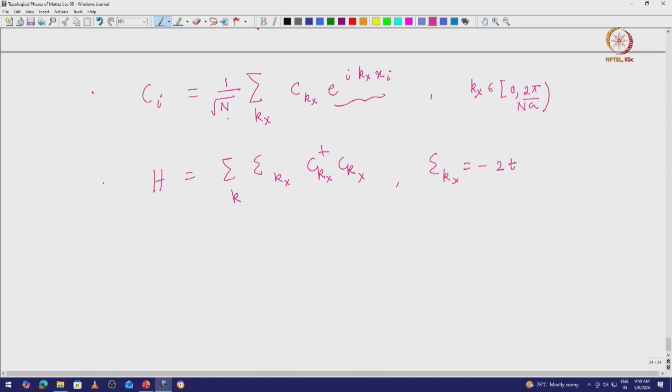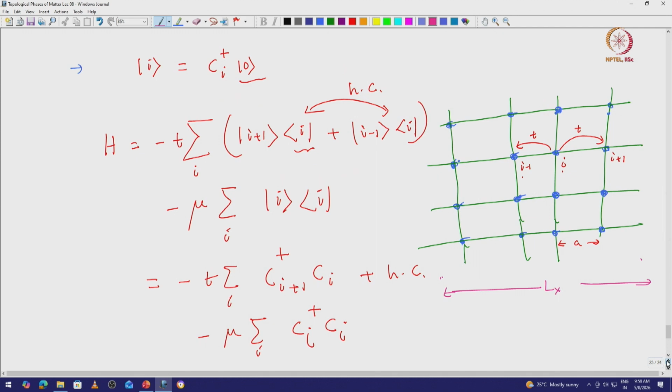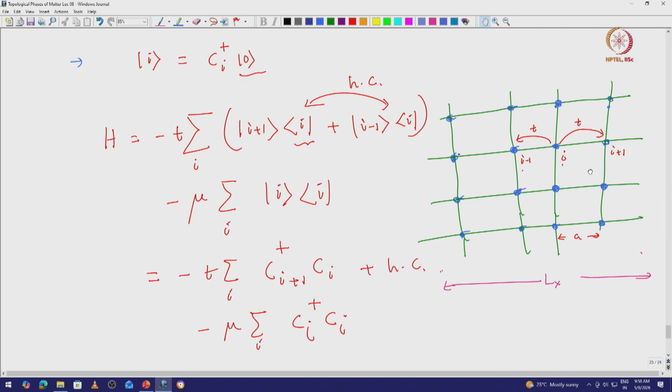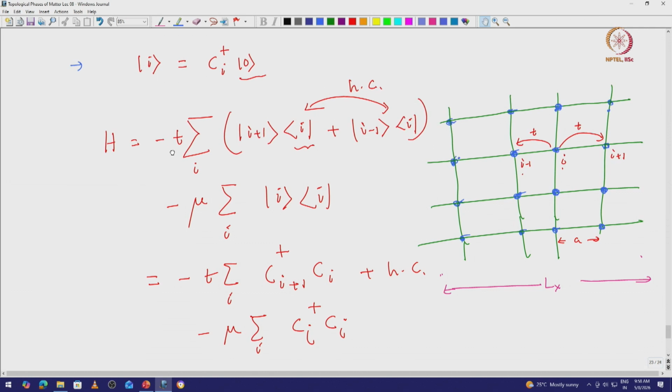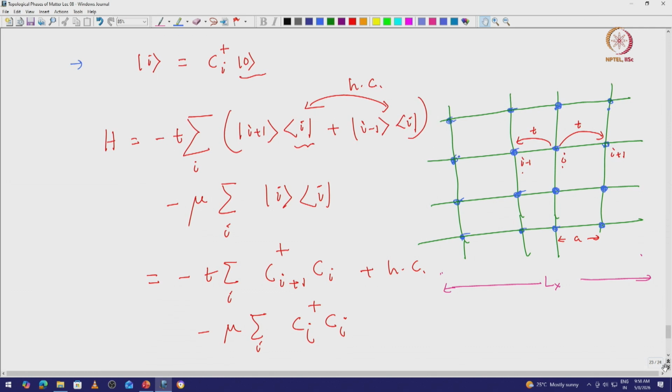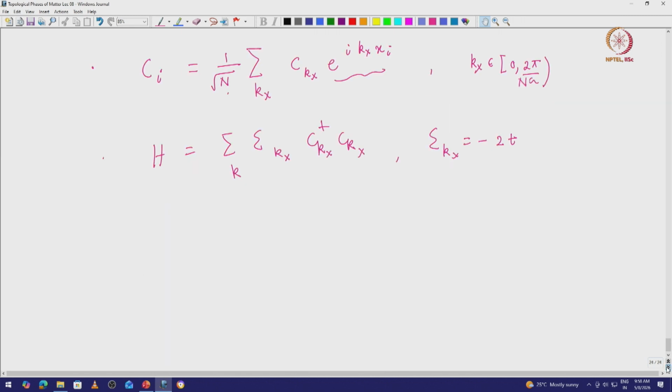Along this direction it gives e to the power i kx a, along this direction it gives e to the power minus i kx a, and as you sum them, because it has exactly the same hopping, e to the power i kx a and e to the power minus i kx a, you will get twice cosine kx a.